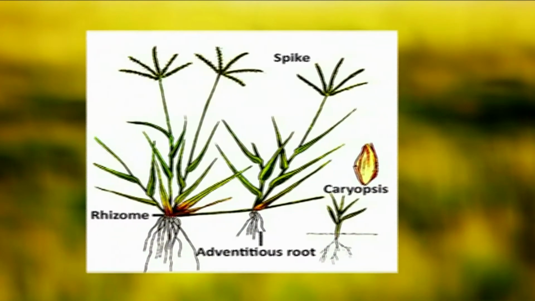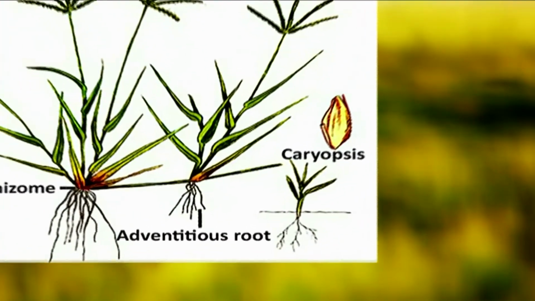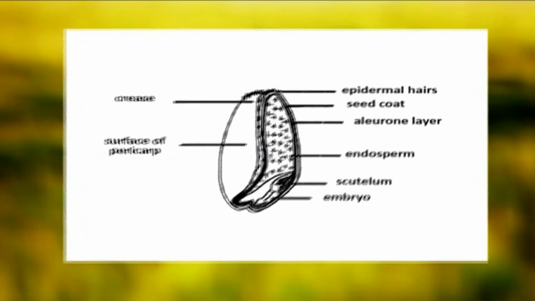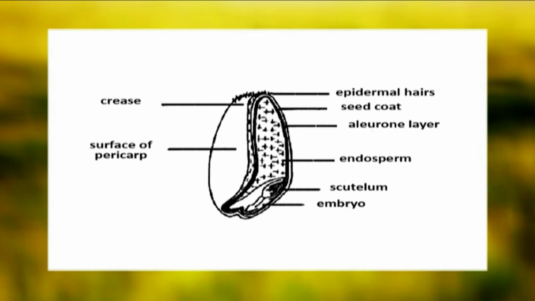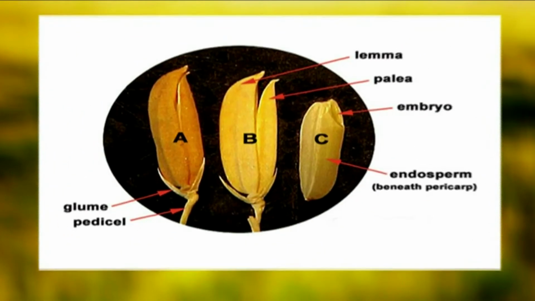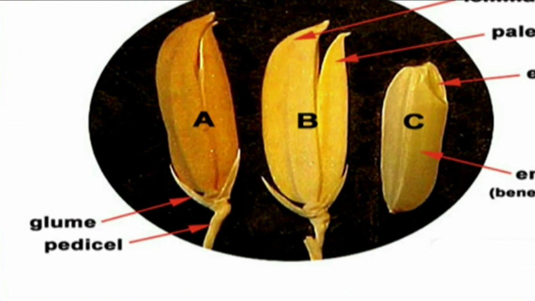Fruit is here a single-seeded caryopsis, wherein the fruit wall is fused to the seed. Seeds are endospermic, and the embryo is with a highly modified cotyledon known as scutellum, that is lateral in position. The flowers of Poaceae are wind pollinated, and the fruit known as caryopsis is often associated with parts of spikelet for its dispersal.